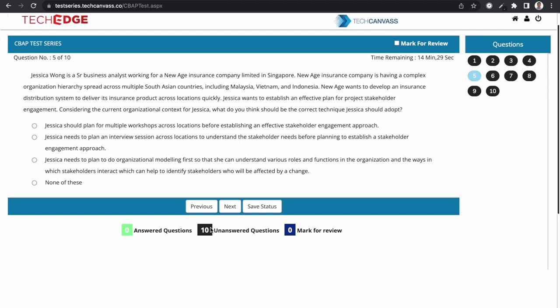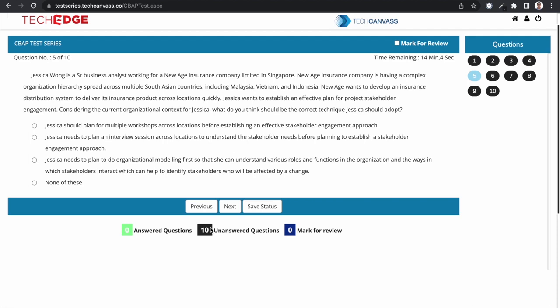Option C says Jessica needs to plan to do organizational modeling first so that she can understand various roles and functions in the organization and the ways in which stakeholders interact, which can help to identify stakeholders who will be affected by a change. And the fourth option says none of these.